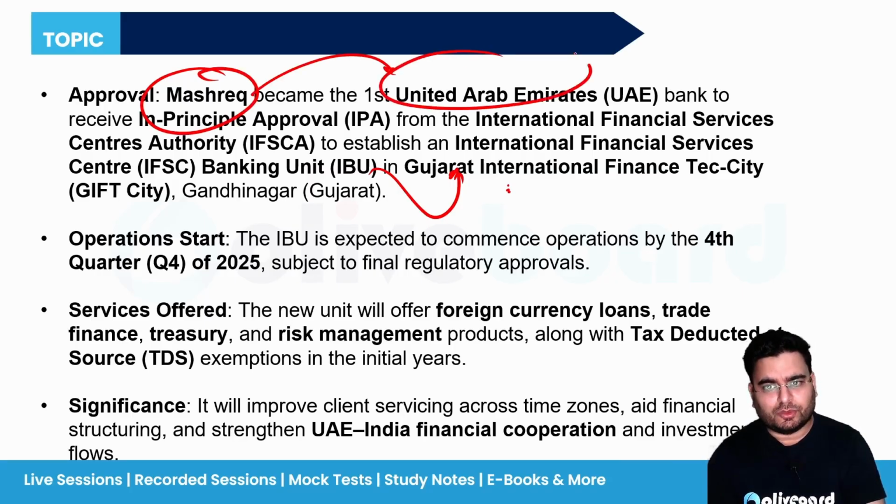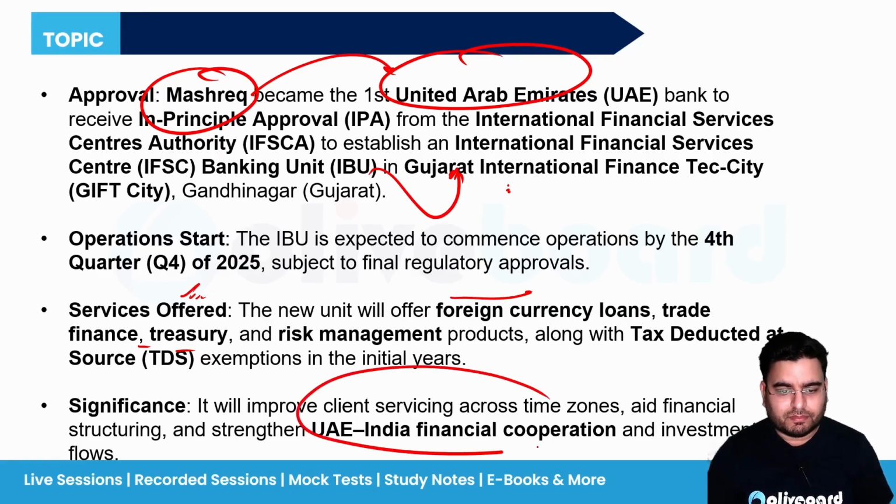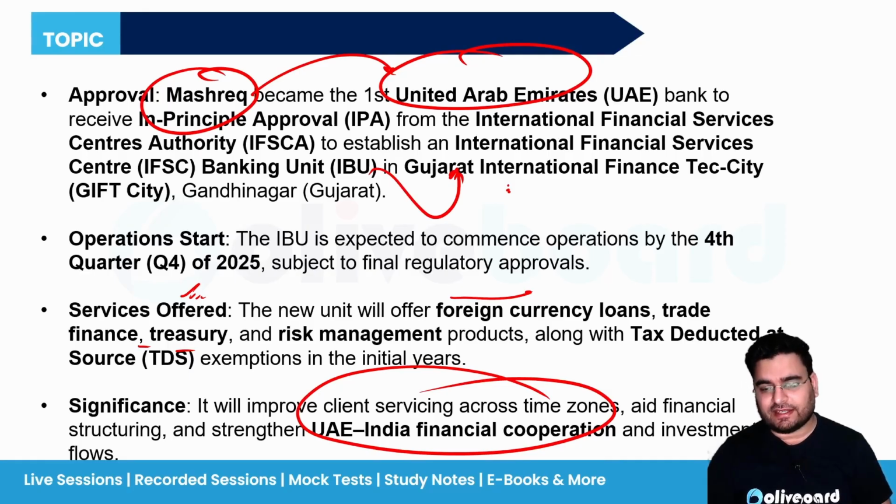It is from the UAE, and it has become the first international bank to work as an international banking unit in GIFT City, Gujarat, right? Please see what services they are going to offer: foreign currency loans, trade finance, treasury. And the overall objective is to promote economic and financial cooperation between the UAE and India.